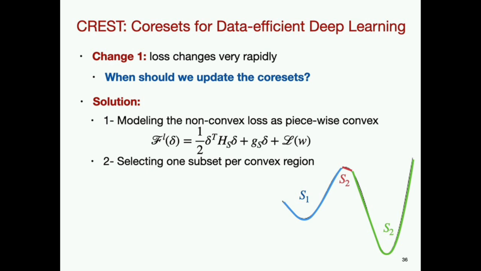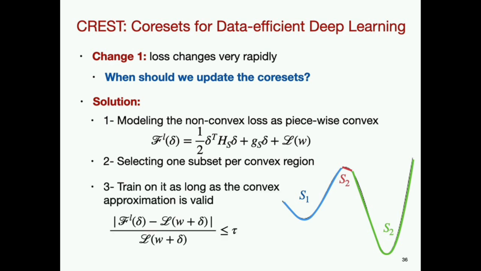So we do this, and we find one subset at the beginning of the blue region. Now, because this blue region is convex, we know that this subset is good as long as we are within this blue region, right? So we keep training on this subset, and we have to check. Now, the only thing we need to figure out is when do we get out of this blue region?